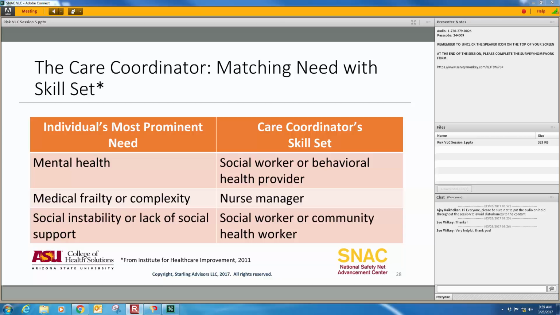I think a lot of times what's used in that case, and I'll send it out to the whole group, is an IHI document. I have to find it though. A lot of times they look at things like utilization patterns post care team intervention, to see things you would expect, like readmission rates and medication adherence.